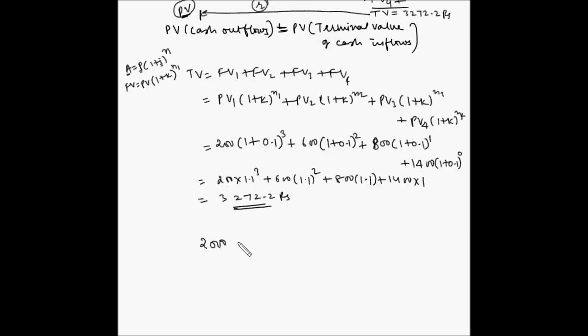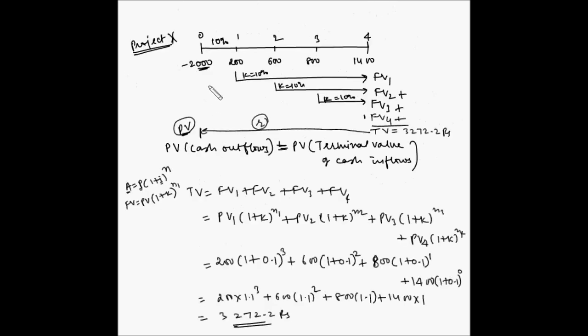So 2000 is equal to, now here I am not taking the negative sign because we are equating these two values. So we are saying that the outflow is equal to the present value of the terminal value of the inflows. If we want to consider the negative sign, what we can do is we can say present value of cash outflows plus the present value of terminal value of cash inflows is equal to 0.